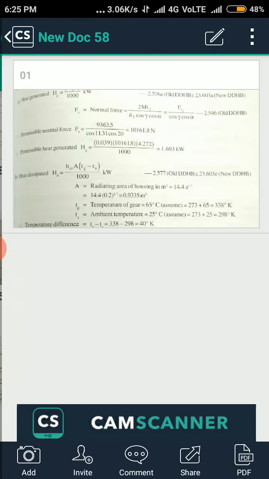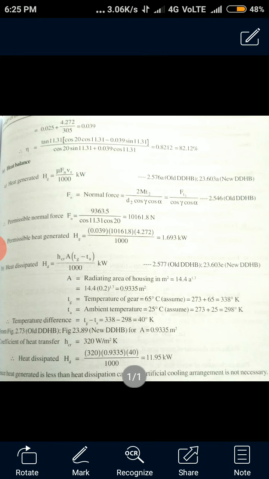So then we'll see how much efficiency. Substituting all the values, you get 82.12%. You can also use the same equation as the earlier problem. It is left to you, but you can calculate mu based on the rubbing velocity Vr.